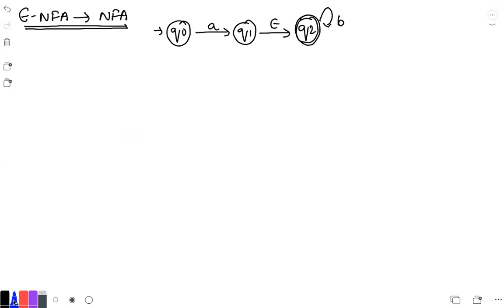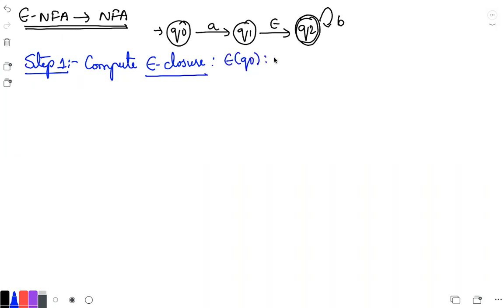Now, step 1 is the same: compute epsilon closures. The first step is common, whether it is string acceptance, DFA or NFA. So what will be the epsilon closure of Q0? As you can see, there is no epsilon path from Q0, so the epsilon closure of Q0 is Q0 itself.